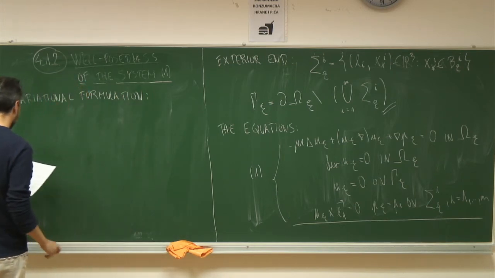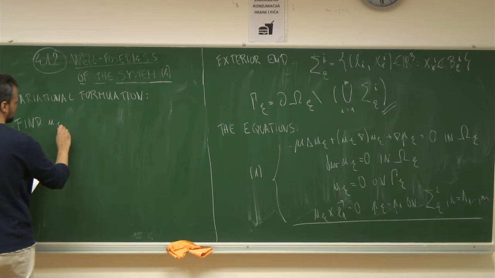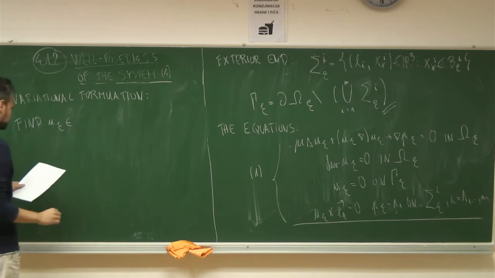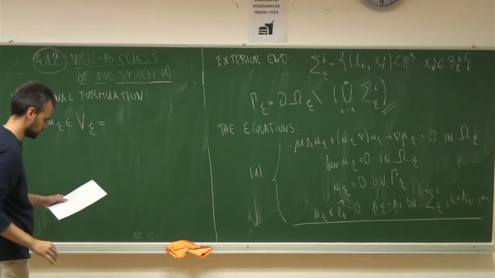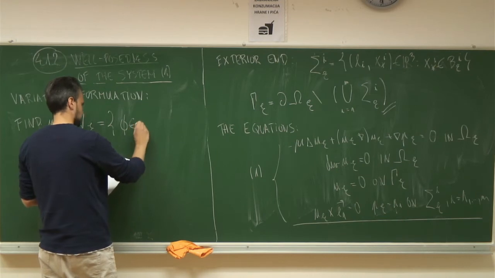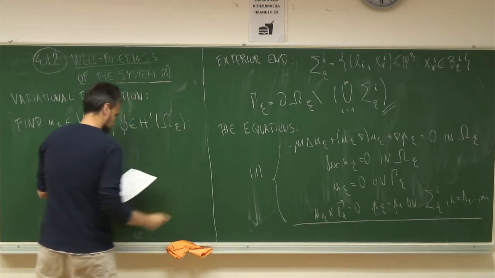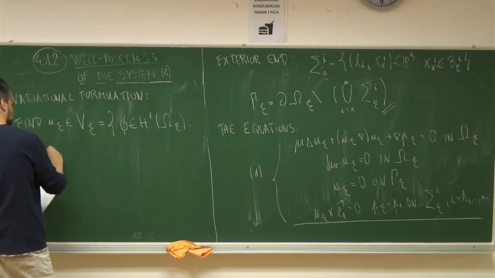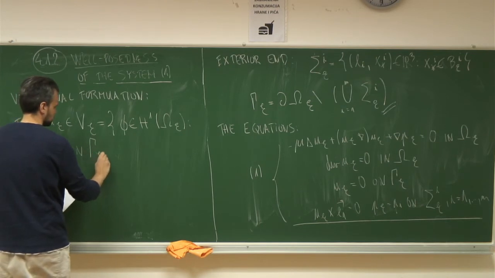So variational formulation, find u epsilon, which is from V epsilon, which will be the space of functions that are H1 of omega epsilon, such that they are, of course, 0 on the lateral boundary.